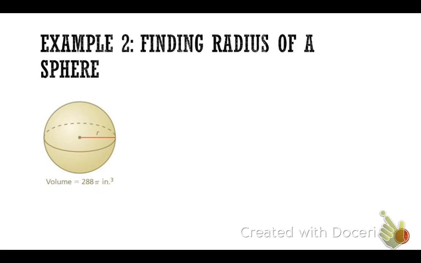Okay, so I start off with my formula. Volume equals 4/3 pi r to the third power. So the volume here is 288.